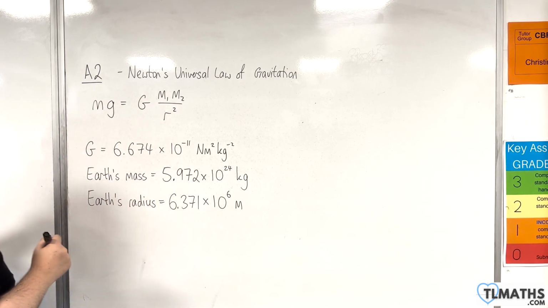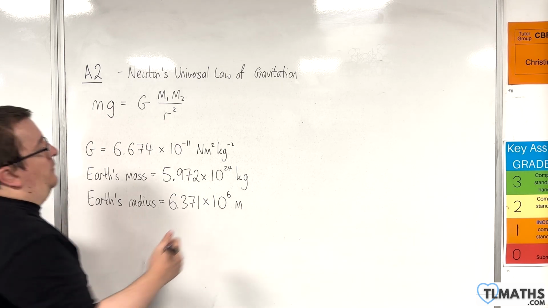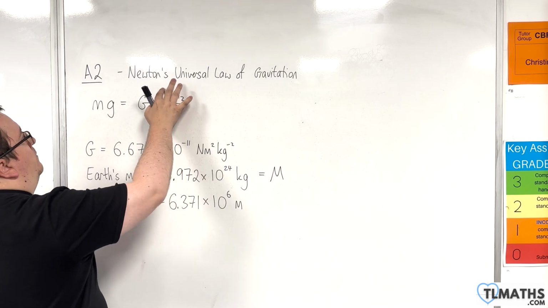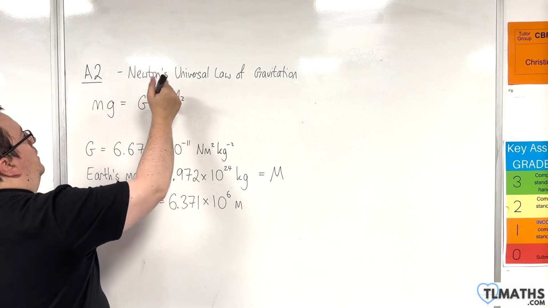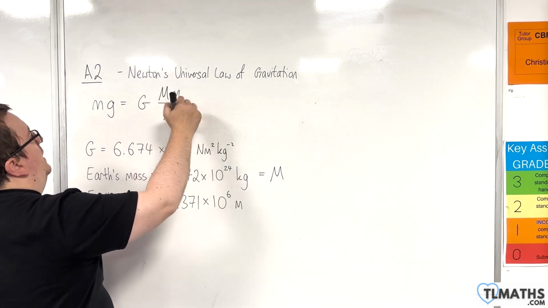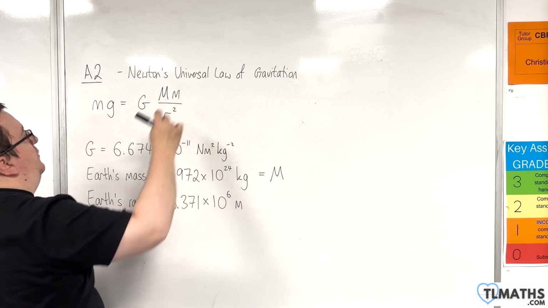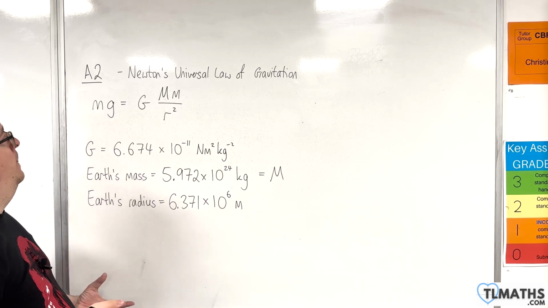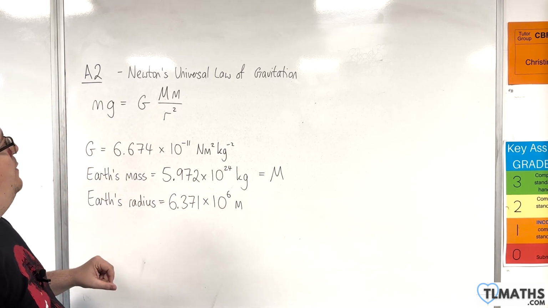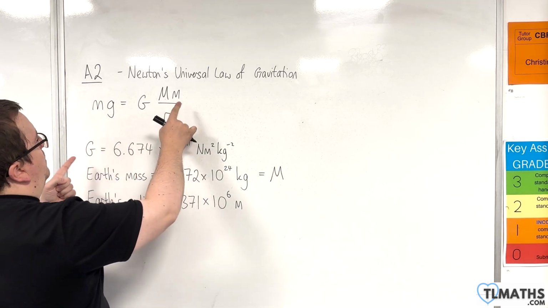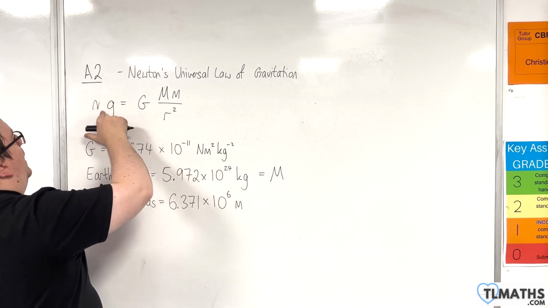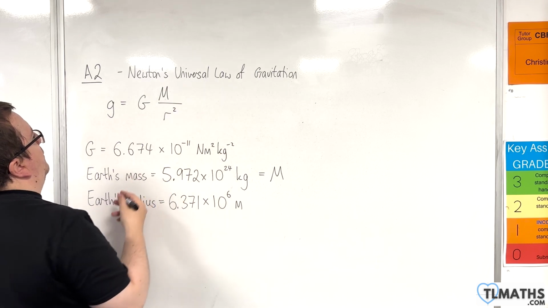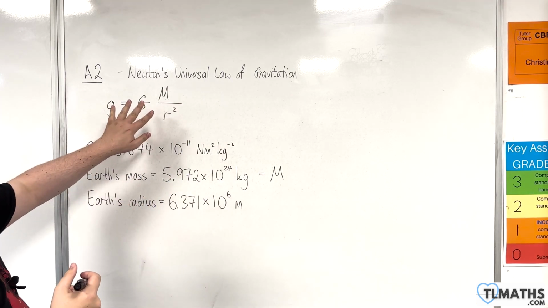Now, if we consider the Earth's mass to be, let's say, capital M, so I'm going to replace m1 with capital M and lowercase m to be the mass of the object that is falling, we get this. Now, of course, we've got lowercase m on both sides of our formula here, so actually they can go. And this simplifies down to this.